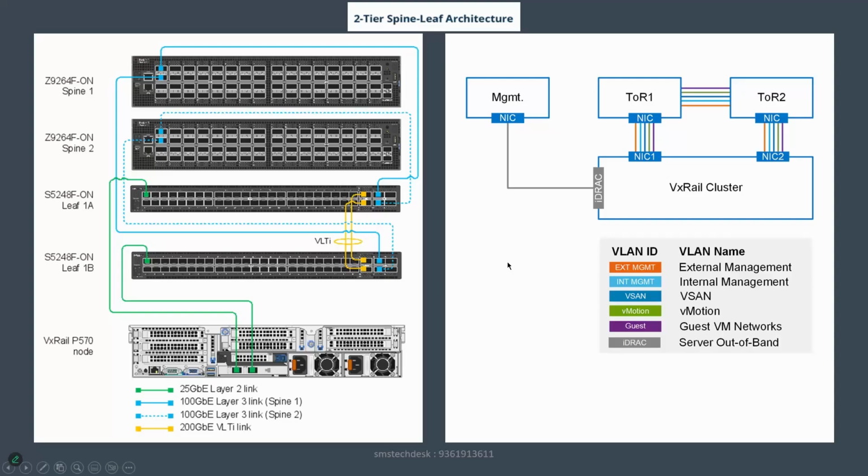Below that you can see a leaf switch. From the leaf switch, it is connected to a server VXL node. Here you can find the VLAN IDs which are used in production, like internal management, vSAN, vMotion, guest VM. This is how a physical network typically looks today.